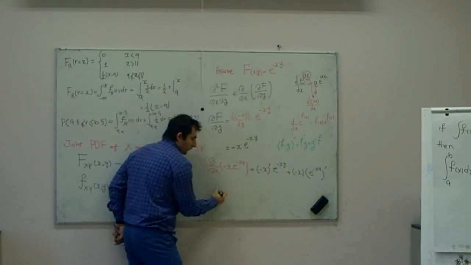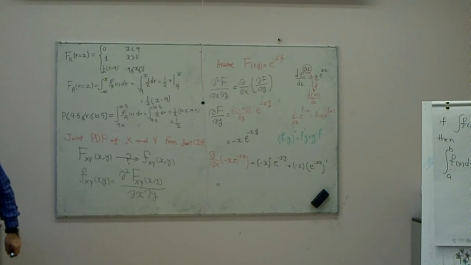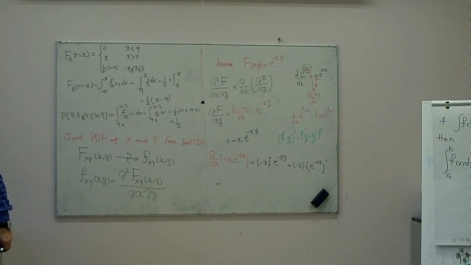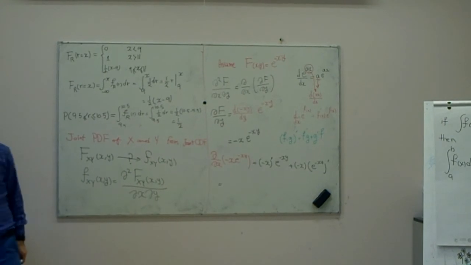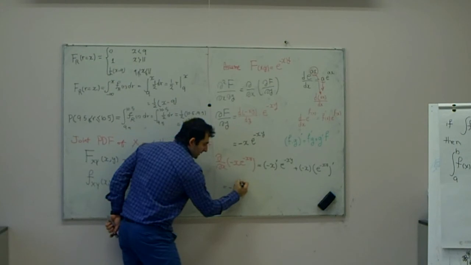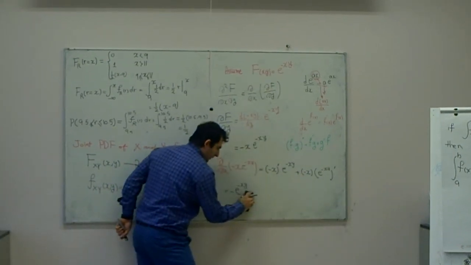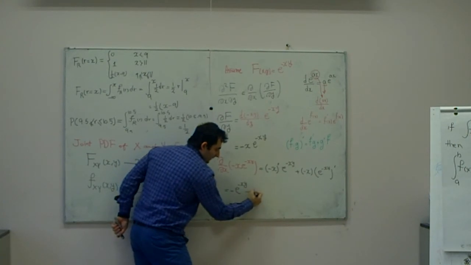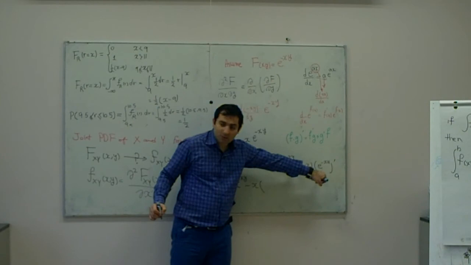This is equal to, what is the derivative of minus x? Minus 1, very good. Multiplied by e to power minus xy, plus minus x multiplied by the derivative of e to power minus xy.